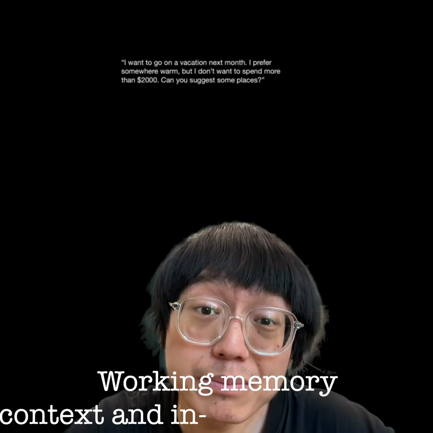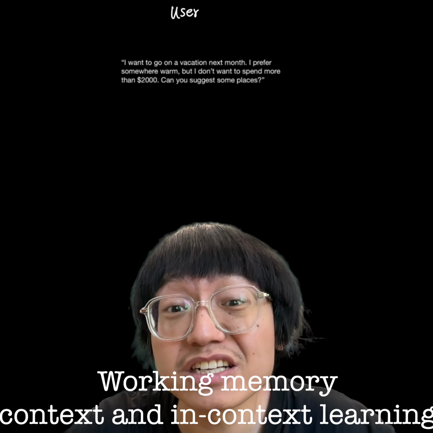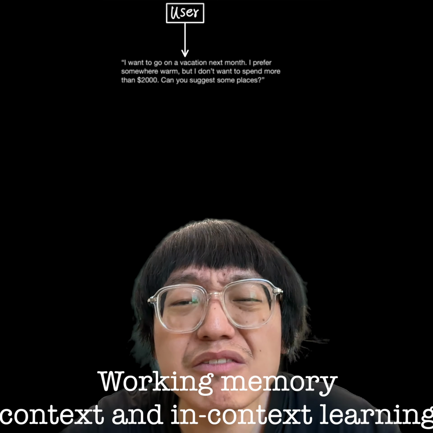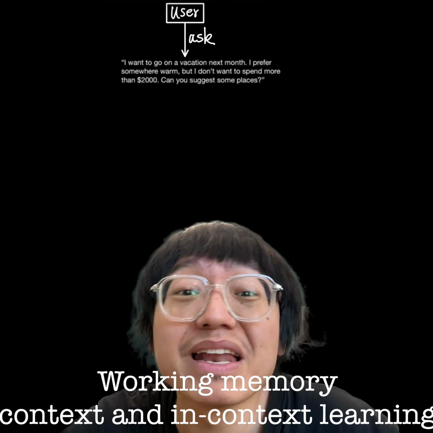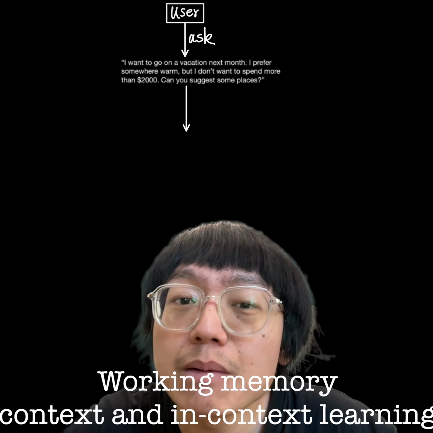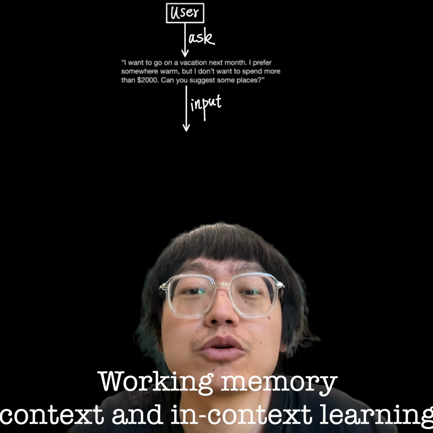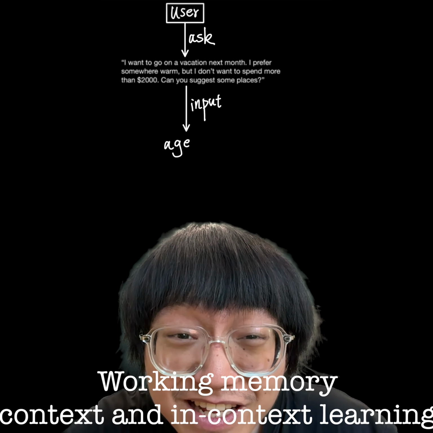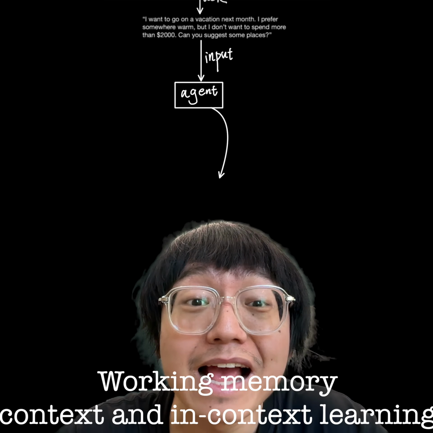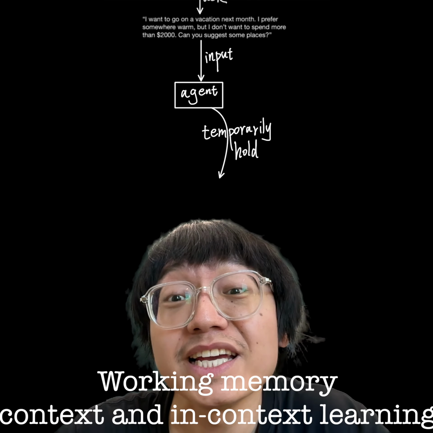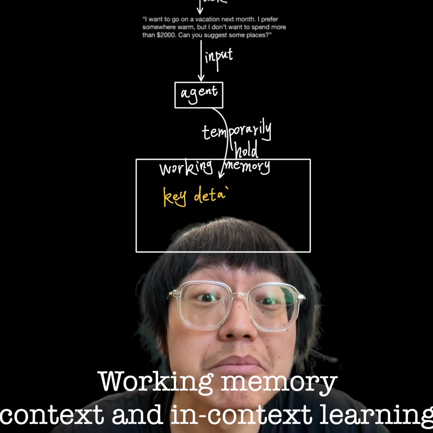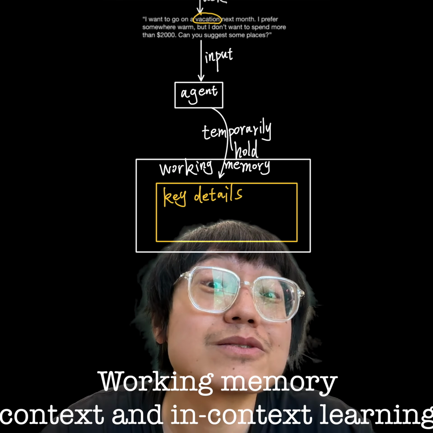Let's talk about working memory, which is the context and in-context learning capability of the large language model. For example, imagine you have a conversation with the agent about planning a vacation. You might ask, I want to go on a vacation next month. I prefer somewhere warm, but I don't want to spend more than $2,000. Can you suggest some places? The agent processes this input and temporarily holds onto the key details like vacation, next month, warm place, and the budget of $2,000 in its working memory.